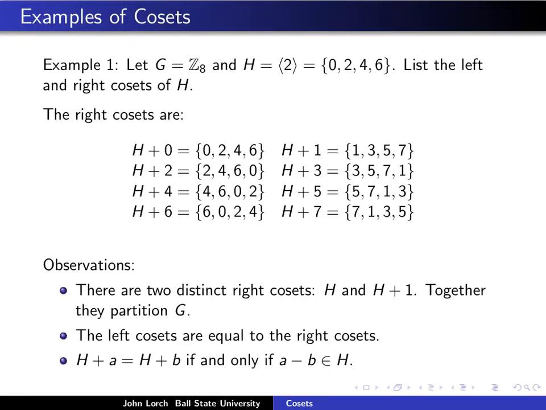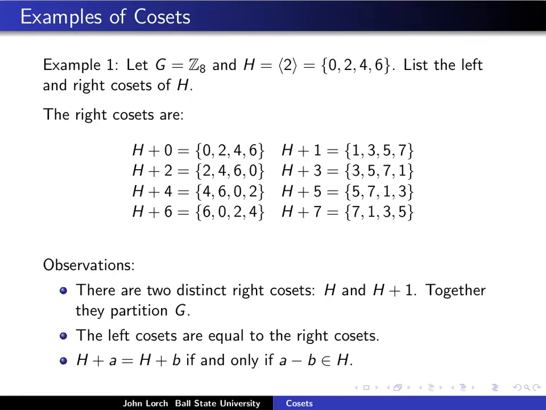So now we begin a series of examples illustrating some ideas about cosets. Here our group G is going to be the cyclic abelian group Z8. And H, a subgroup of G, is going to be the cyclic group generated by 2. That just consists of the elements 0, 2, 4, and 6.